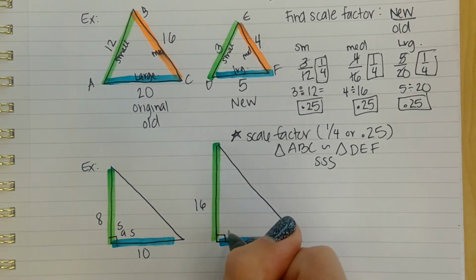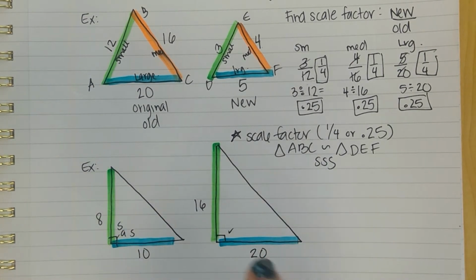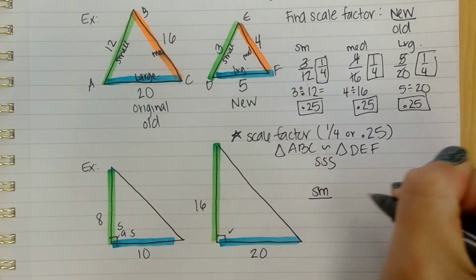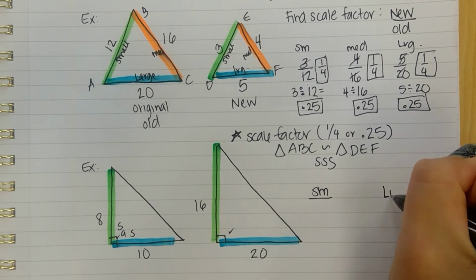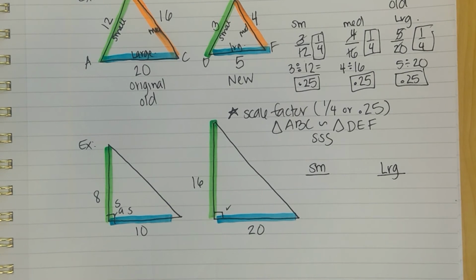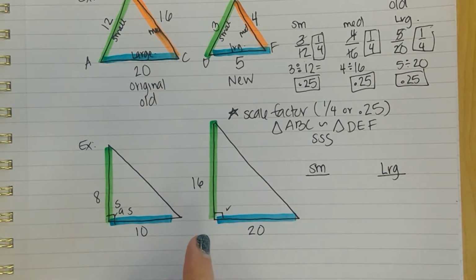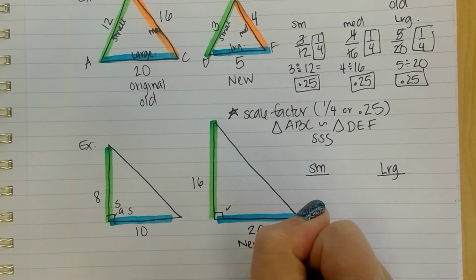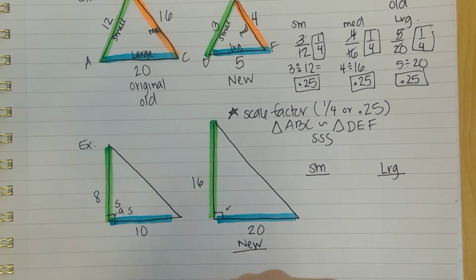So we already have that the angle is congruent. We're going to check the scale factor is the same on the small side and on the large side. So what we do is we put the new over the original. Here you're going to see my new triangle is my bigger one.